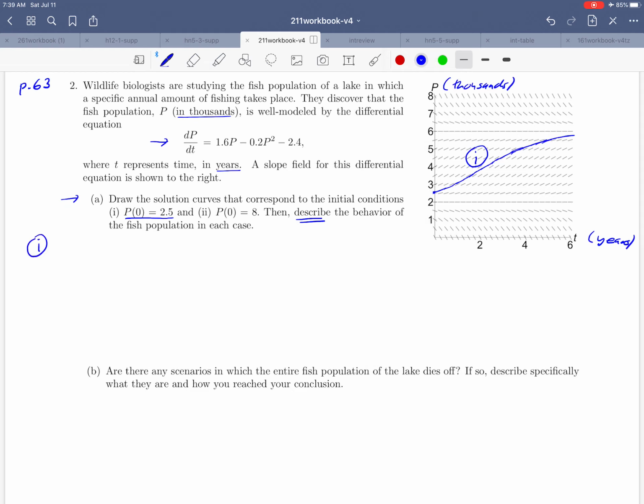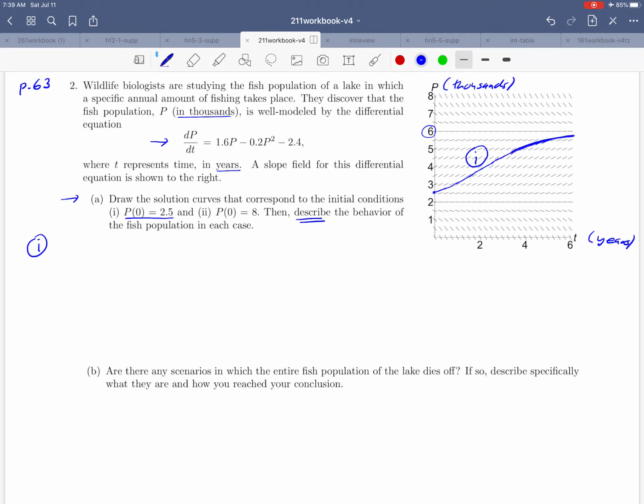Well, one thing we could say is that the population is getting bigger. Does it get bigger and bigger, or does it look like it's leveling off? Notice that the end of the curve shallows off, and at 6,000 we've got a horizontal line, so we're not going to be able to surpass that population.